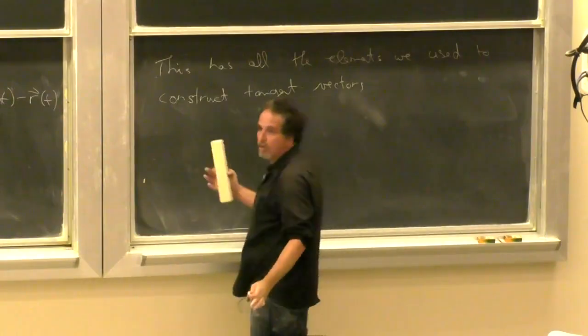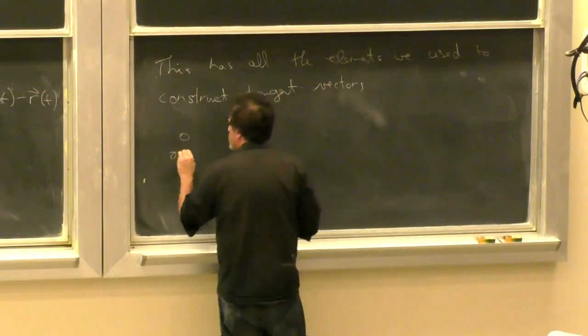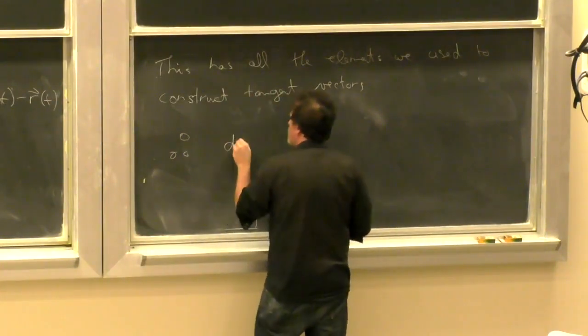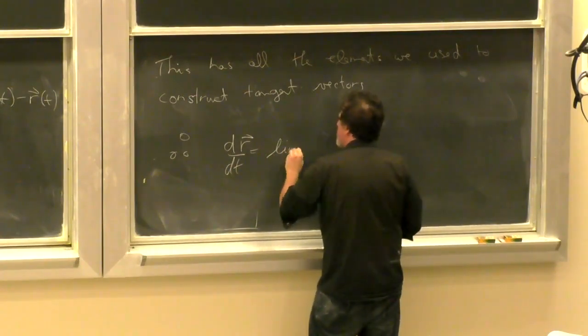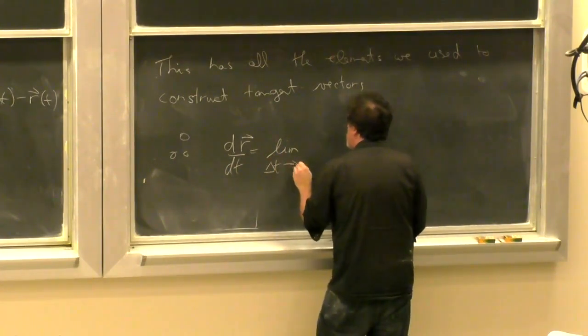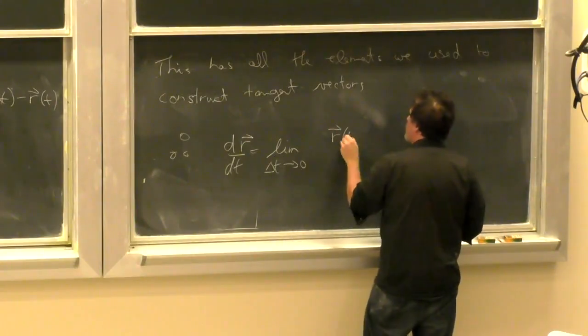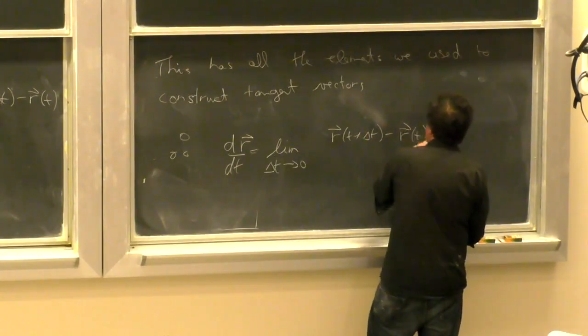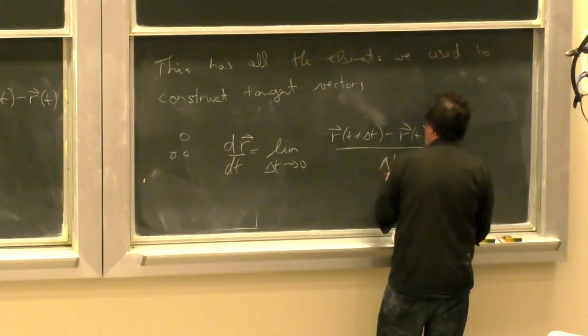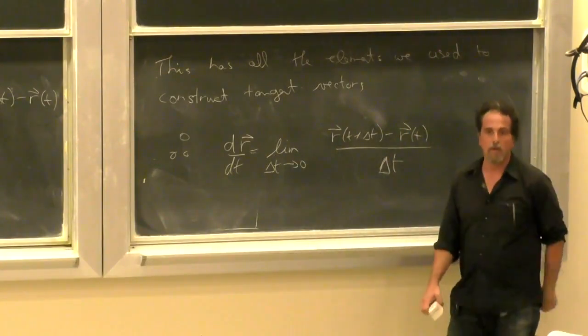Okay, so therefore, dr dt is equal to the limit as delta t goes to 0 of r of t plus delta t minus r of t, divided by delta t. What did I say?